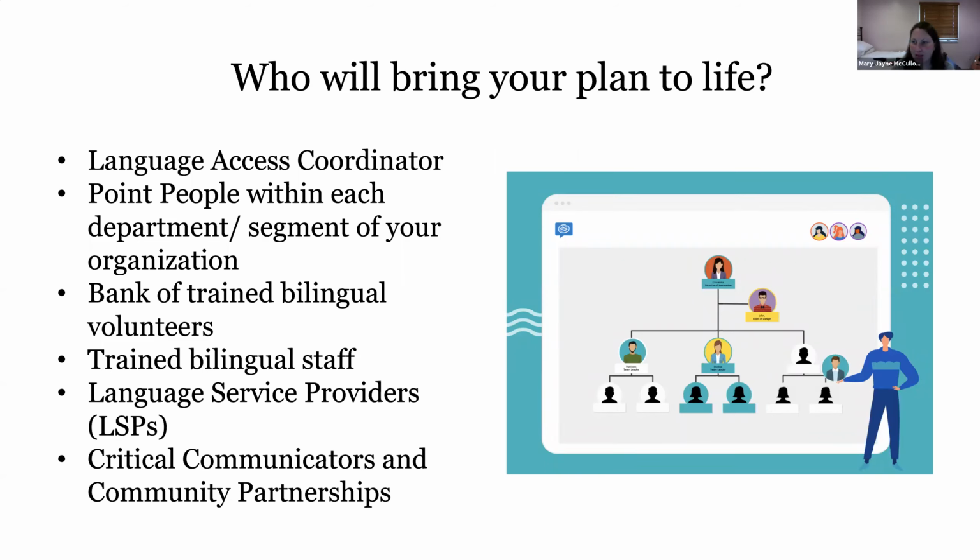Or other segments of your business or organization. So language access coordinator, for sure. Hopefully you can all convince the powers that be to write that into a budget, because it's a big one.